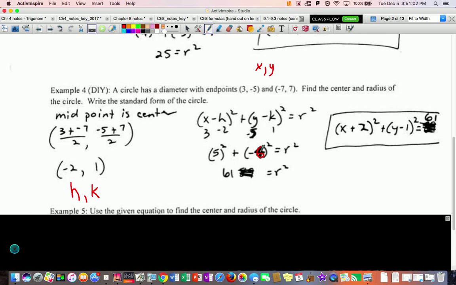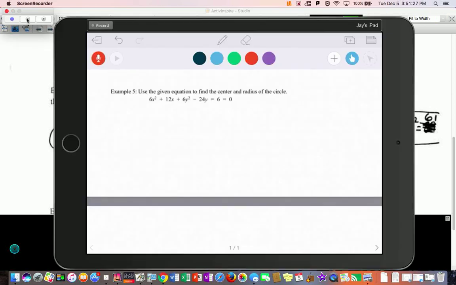So that's 36, and 25 will be 61, so this will be 61 over here. All right, so what if we're given an equation with this form? I believe this is supposed to be negative 6.